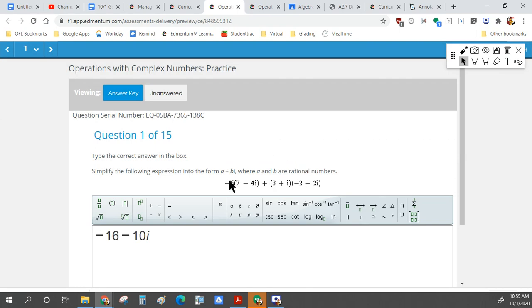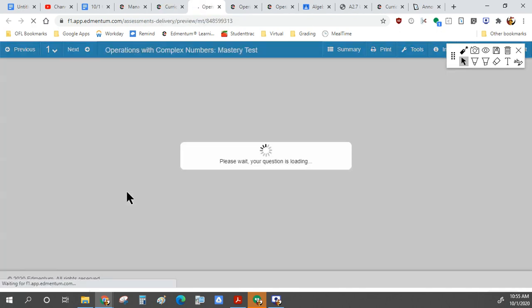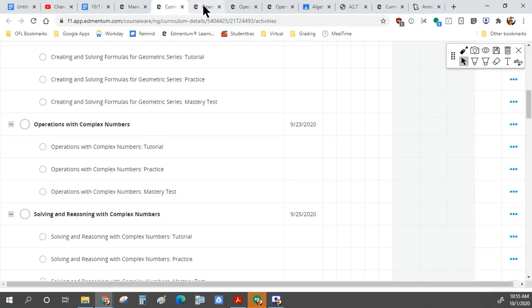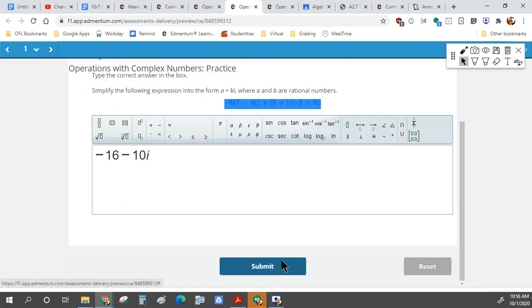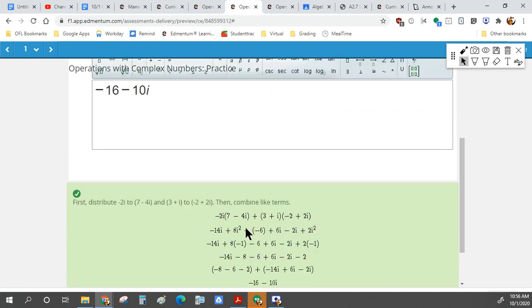If I look at this first practice problem, and I look at the first problem on the mastery test, they're very, very similar. This is a mastery test, and this is a practice. The only thing that's different are the numbers. If I were to hit submit, it shows me the work. You can learn by doing the practice.